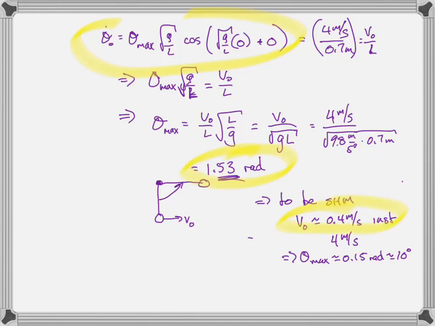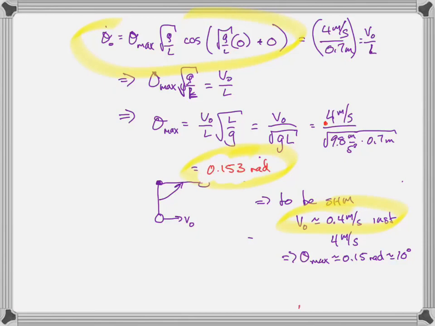So let's go ahead and say we left off the decimal point and call V0 0.4 meters per second. And so theta max is, instead of 1.53, 0.153.